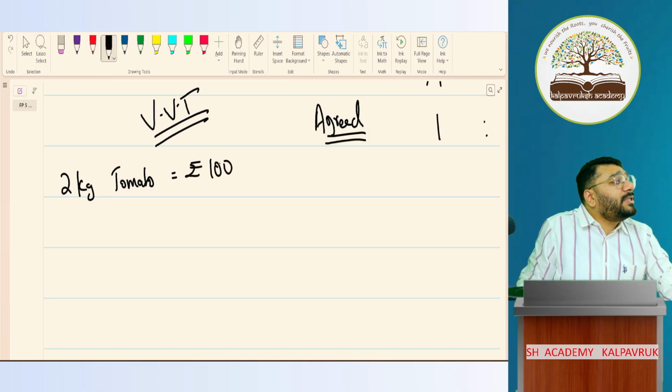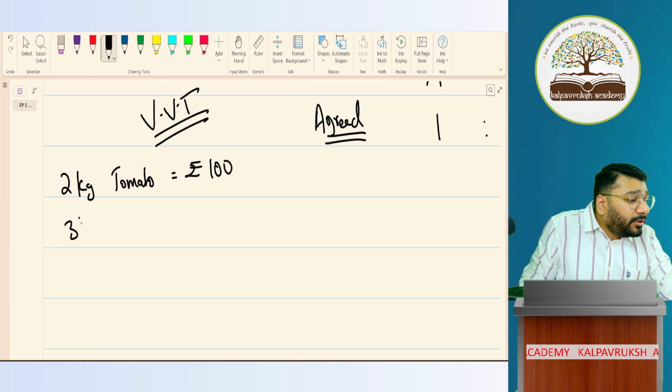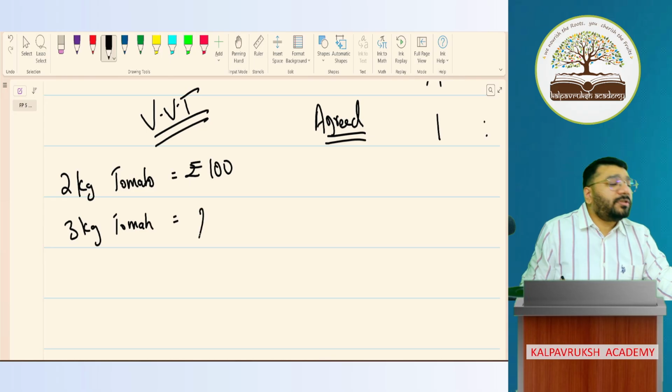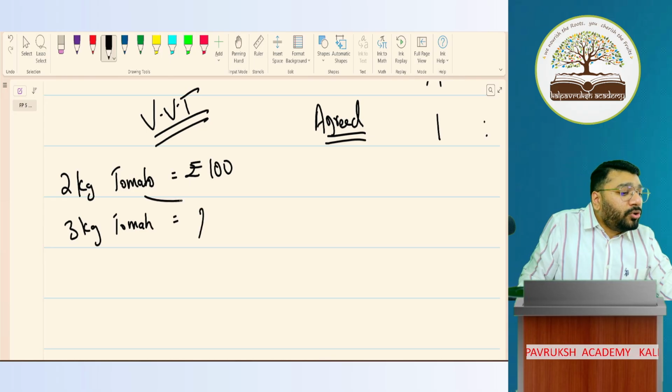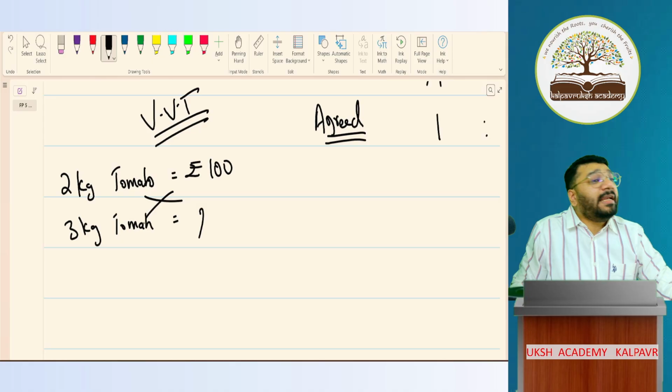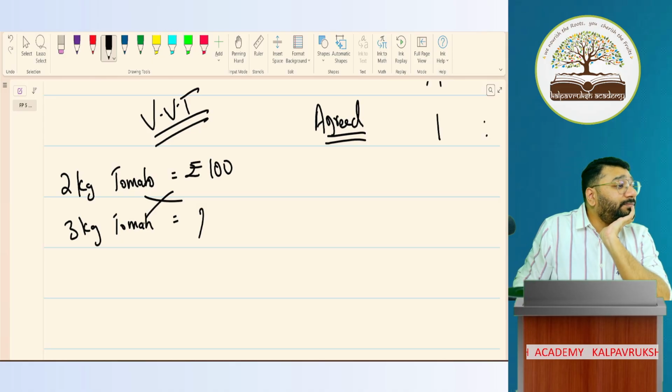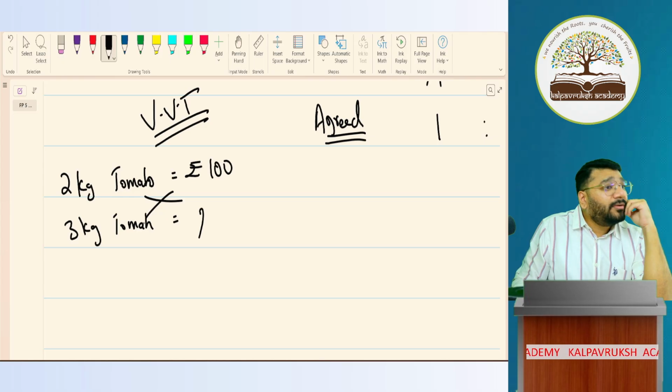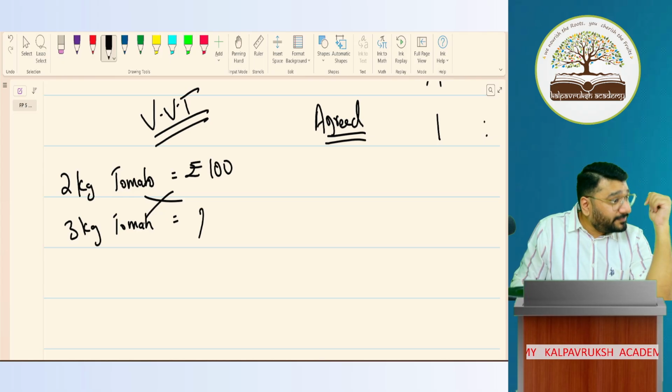If 2 kg of tomato is equal to 100 rupees, then for 3 kg of tomato, how much? So what will you do? Cross multiplication method. This you have studied in which standard? Second standard? Oh my god, you remember that much?